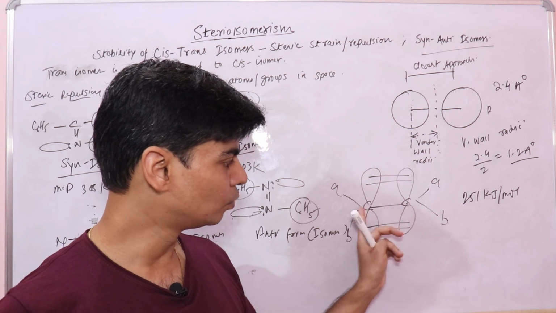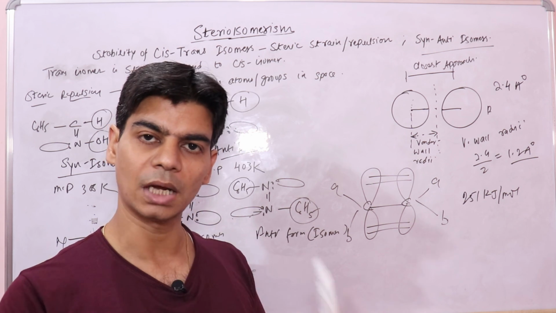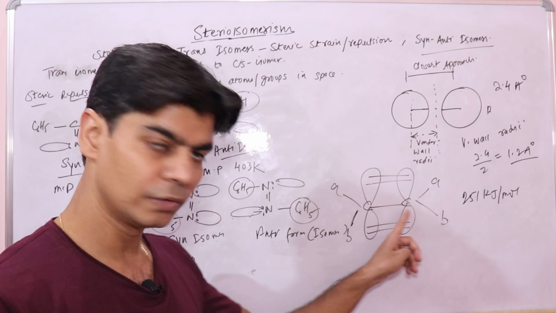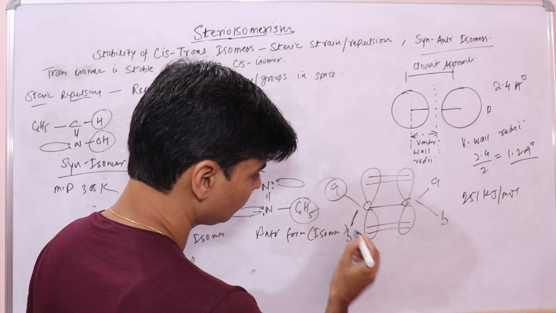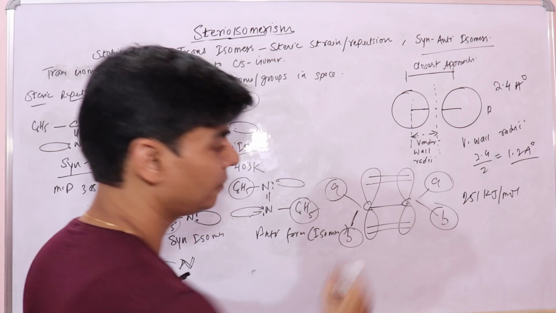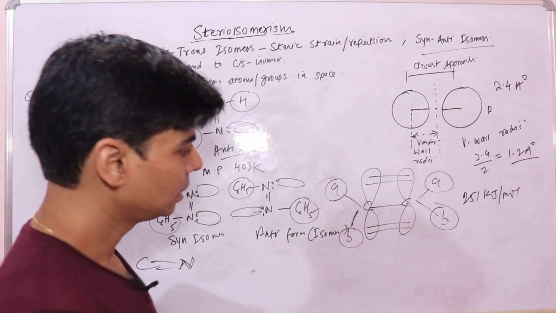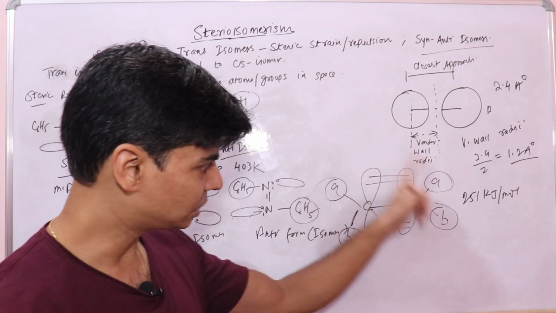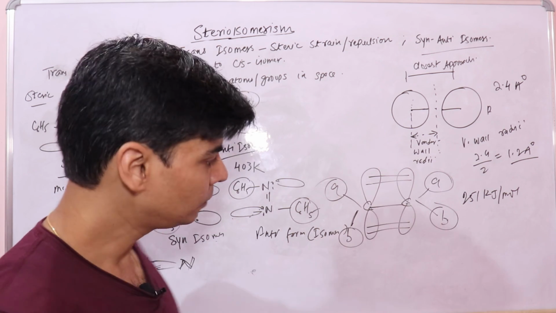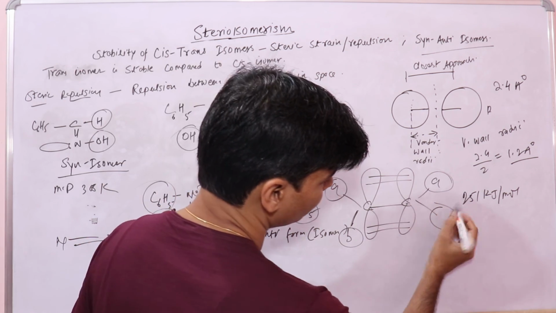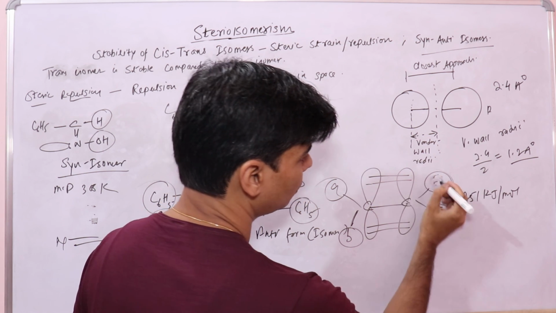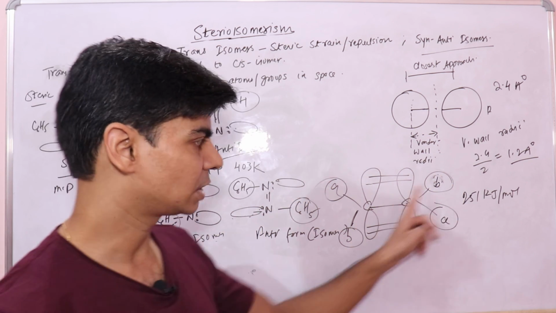So since you cannot move the carbon-carbon double bond, the position of these atoms in space will remain fixed, right? Since these positions are fixed, this gives rise to one type of molecule. And suppose now you have a different type of molecule where you have A below and B here. This is your trans isomer.